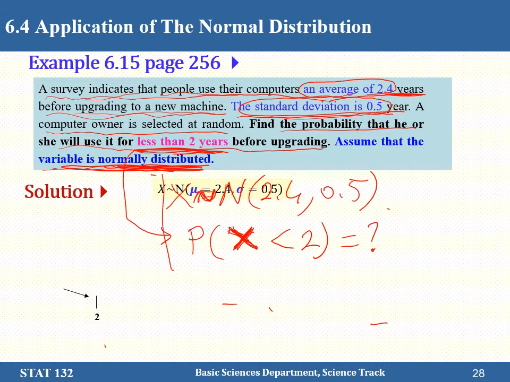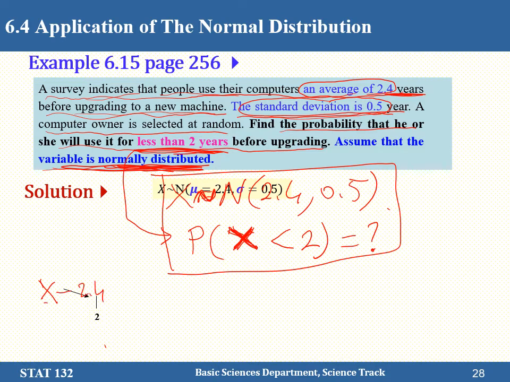Now we are given two things here. X is a normal distribution, and we want the probability of X less than 2. So in this case, what we have to do is change it to Z. If you remember, Z will be X minus 2.4 divided by 0.5.